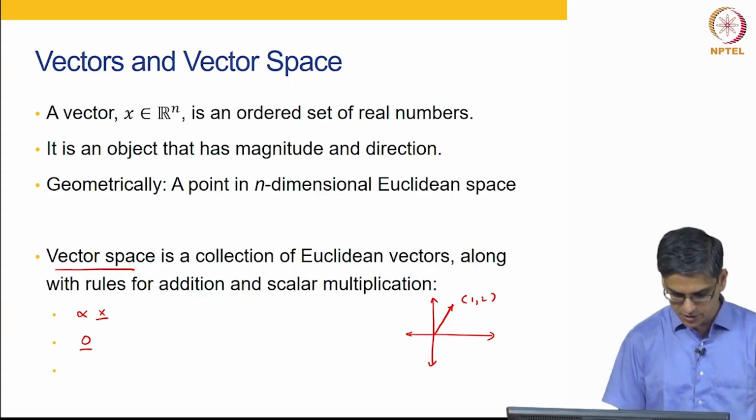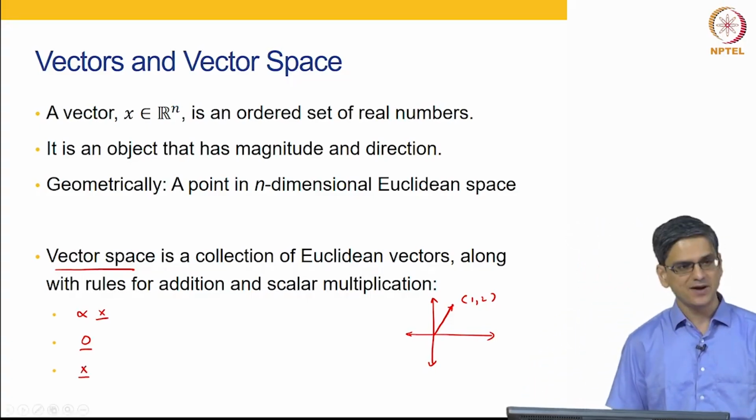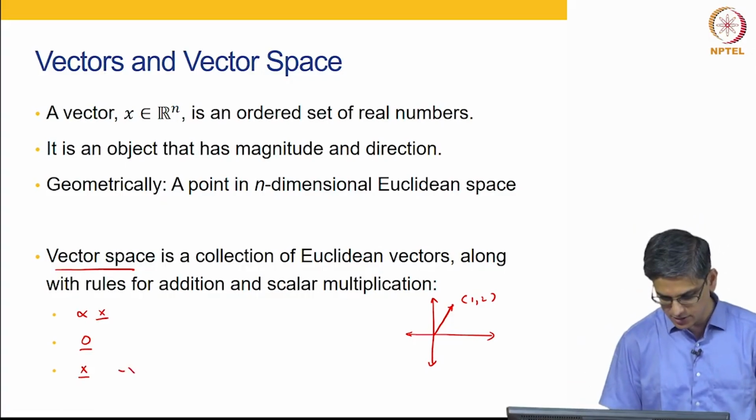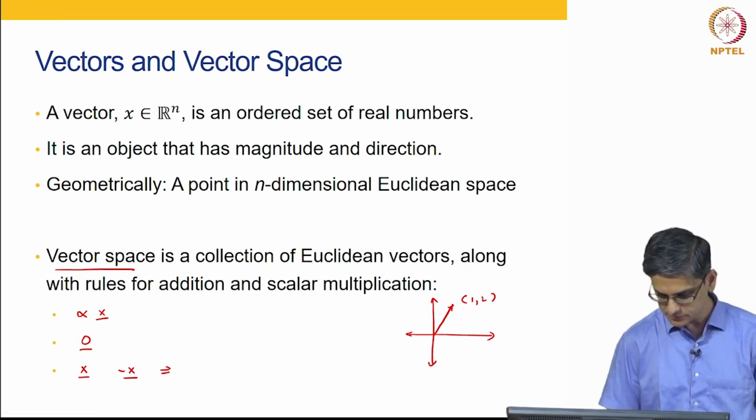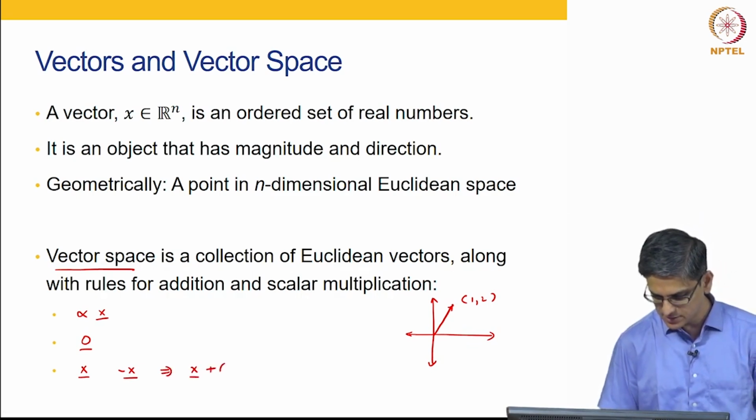The other requirement is that if vector x bar exists, then a vector negative x bar also exists, such that x bar plus negative x bar equals 0 bar.